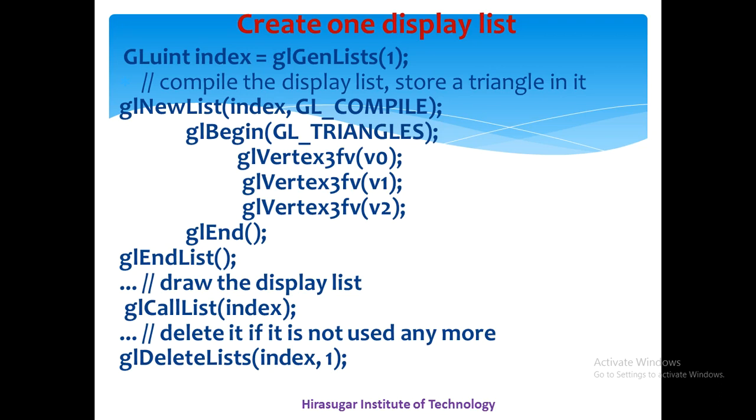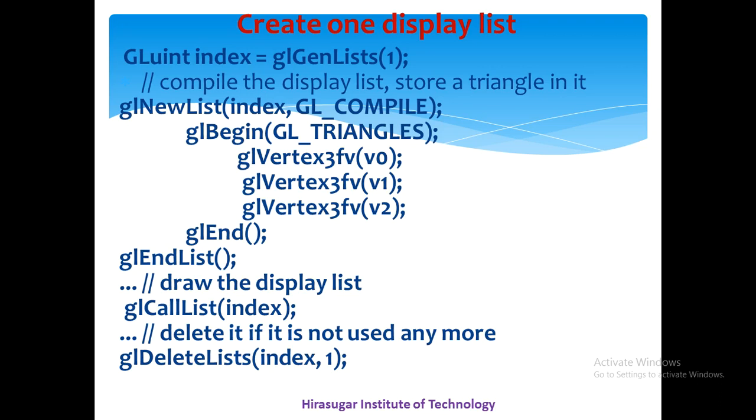In this example, glGenLists of 1 requests number 1 from OpenGL. If that 1 is freely available, then only that 1 will be returned to you. If the number 1 is already assigned to somebody, it will not be returned.